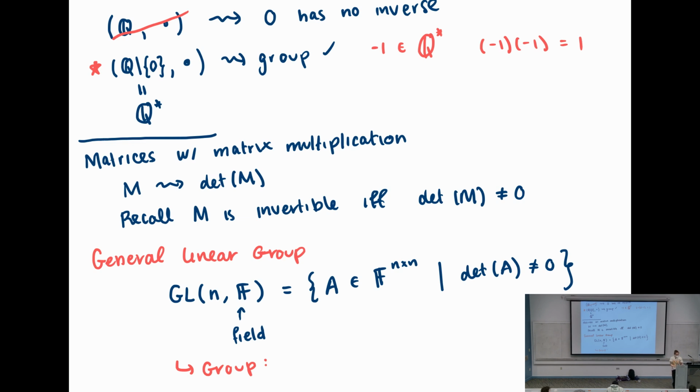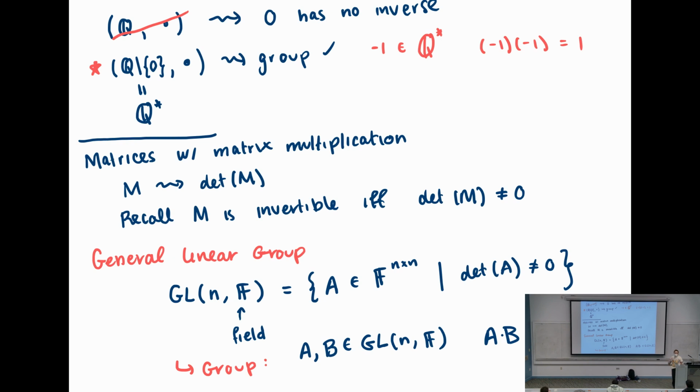But there's one other thing that we should really check: if we have A and B in GLN F, that A times B is also in GLN F.